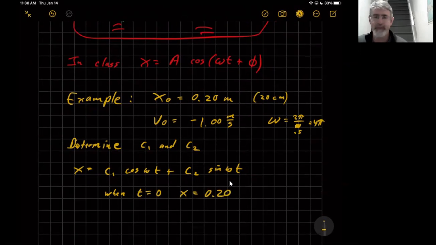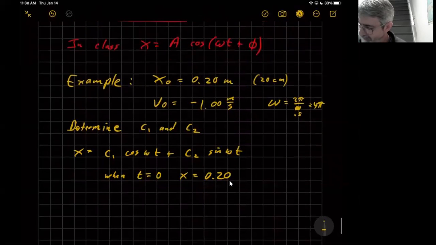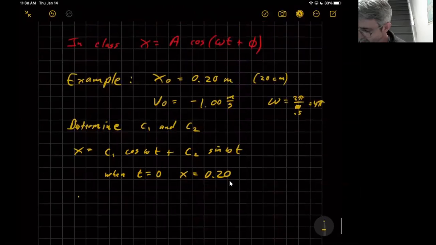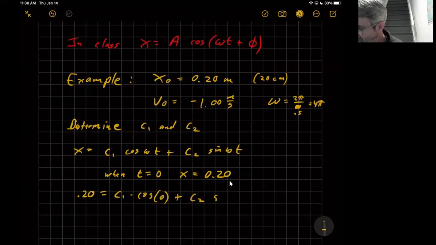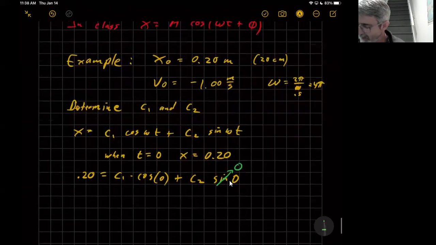So we can fill that in: 0.2 is equal to C1 times the cosine of 0, it doesn't really matter what the omega value is, plus C2 times the sine of 0. Well, the sine of 0 is 0, so that goes away, and the cosine of 0 is 1.